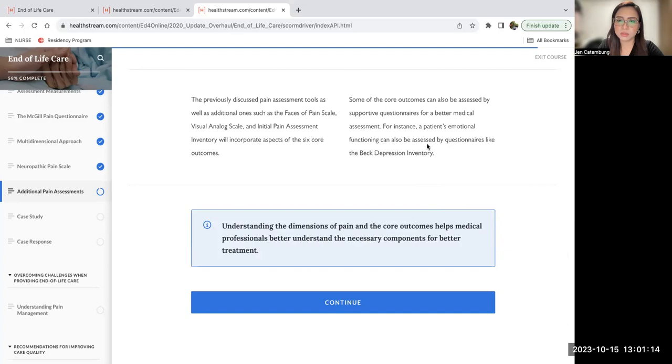Some of the core outcomes can also be assessed by supportive questionnaires for a better medical assessment. For instance, a patient's emotional functioning can also be assessed by questionnaires like the Depression Inventory. Understanding the dimensions of pain and the core outcomes helps medical professionals better understand the necessary components for better treatment.